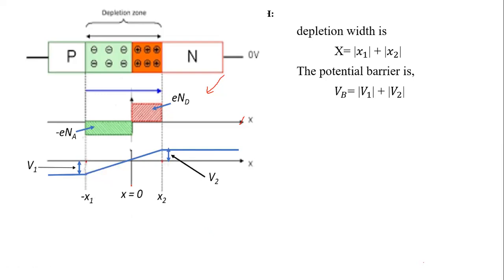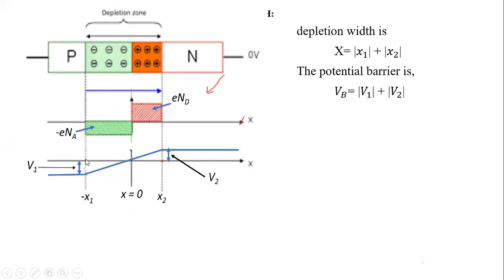And also, if you look at the potential problem here, on the n side there is a positive charge, positive ion. So positive charge is considered in a positive potential, and negative charge on the p side is considered having a negative potential. So the potential diagram can also be written like this.